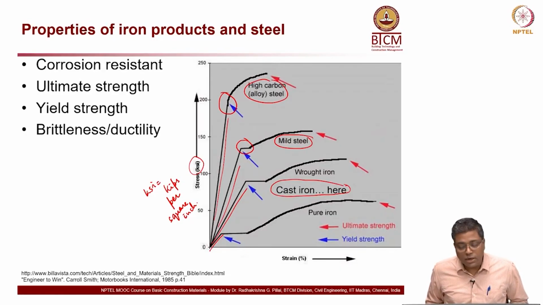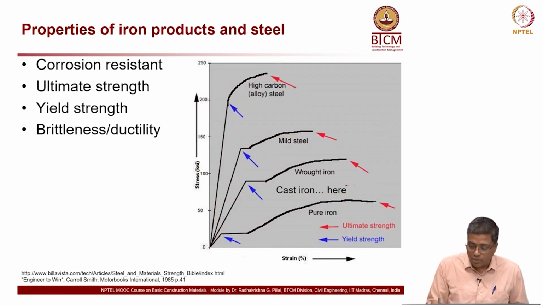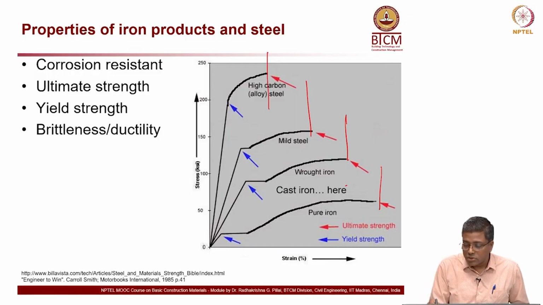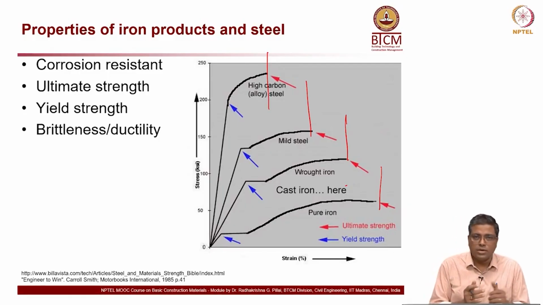And brittleness and ductility, as you can see here, the brittleness and ductility. So here you can see that ductility keeps on decreasing. If I look at this, the ductility for the pure iron is much higher, or the percent elongation is going to be higher, as compared to the high carbon steel. So as the strength keeps on increasing, there is a general trend that ductility decreases.